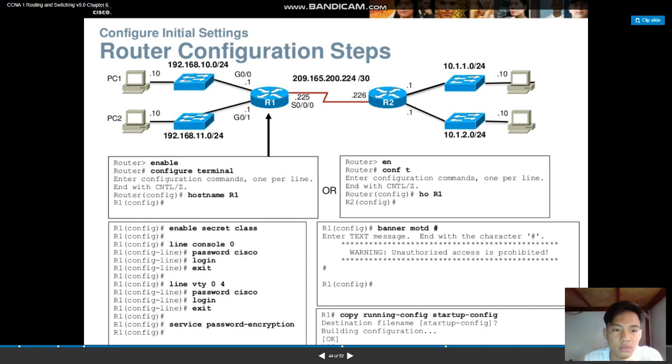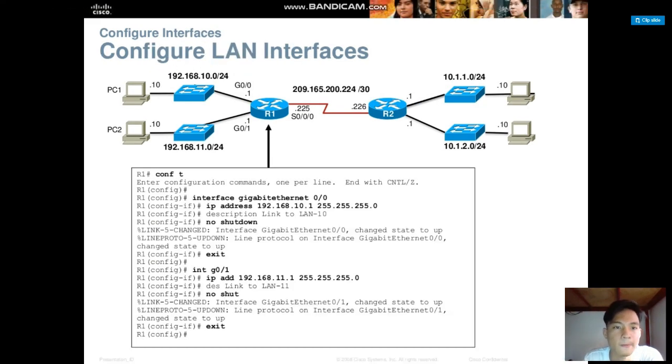We have to use enable for privilege exec mode, configure terminal for global config mode, then the hostname, the password, password cisco, login, exit, the line vty, setting the password, encrypting the password, then the banner, and so on.